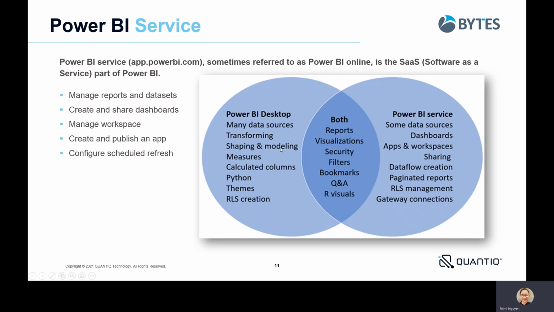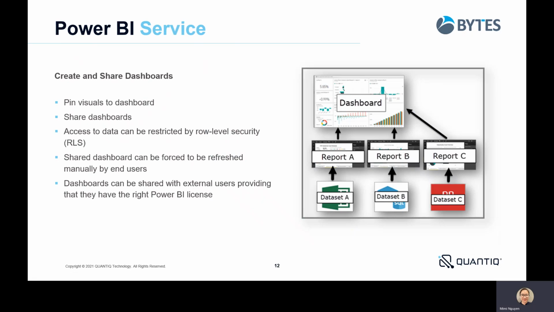You can see some of the key differences between Power BI Desktop and Power BI service within this slide, this screen. So first of all, from Power BI service, you can create and share dashboards. Once you finish creating the Power BI reports from Power BI Desktop, you're going to publish it to Power BI service.